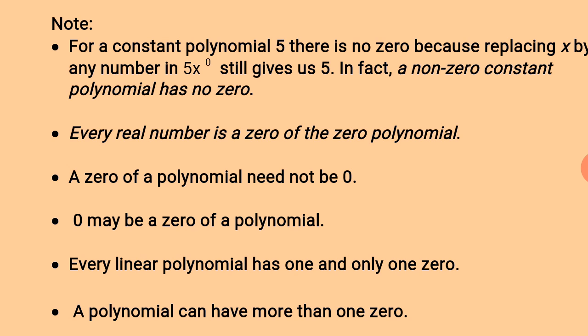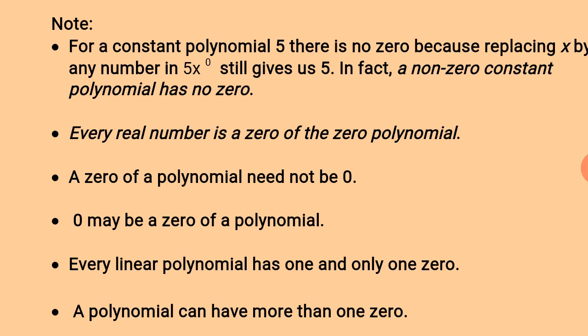Next, a zero of a polynomial need not be 0. In our case itself, it was the number 1 when substituted. We got the answer as 0. That's why zero of a polynomial may be 0, may not be 0. The fourth note: 0 may be a zero of a polynomial.